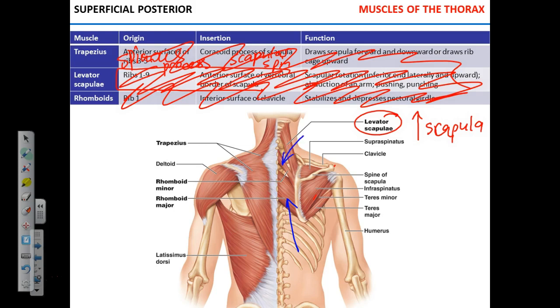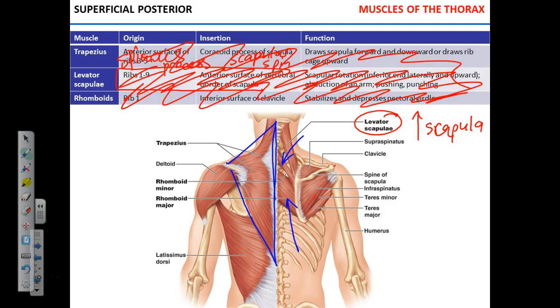That's rhomboid minor. This is trapezius. What trapezius also does is move the scapula medially and posteriorly. It does this.